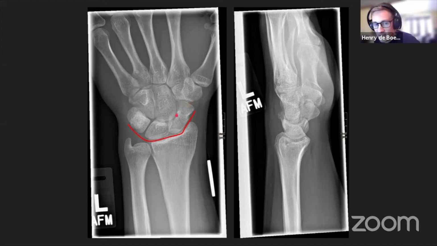So if you can't see the light of day through these bones, you have to think about, is there a dislocation or a fracture? So proximal carpal row, mid-carpal row, and distal carpal joint. And on the lateral, nice straight line, radius with the lunate and the capitate all sitting in alignment. And again, just to remind us.